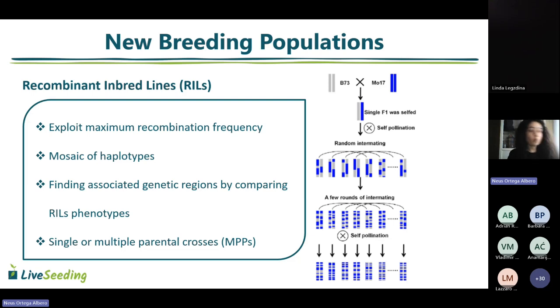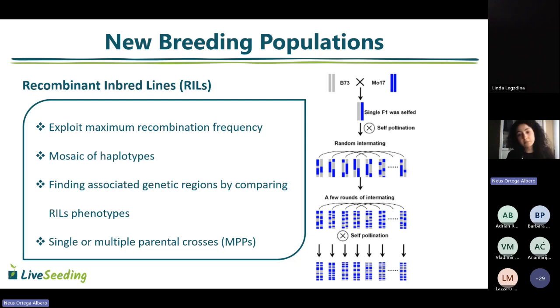So the idea is both parental genomes are represented in the RILs, but with different combinations of the genes and the alleles. So we can know the effect of each genomic region, basically comparing different lines, comparing the phenotypes, and comparing the genomic regions that are causing these differences.